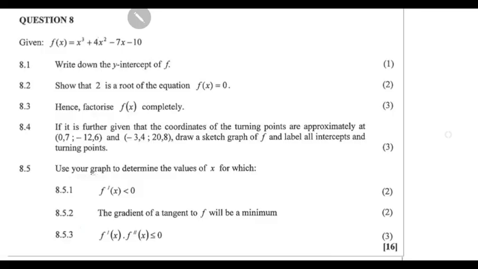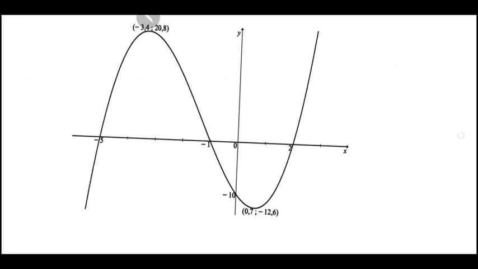Now the last question, use the graph to determine the values of x for which first derivative multiplies second derivative less than 0, which means negative. So I'll show you how to solve this question. So we need to make a table here.